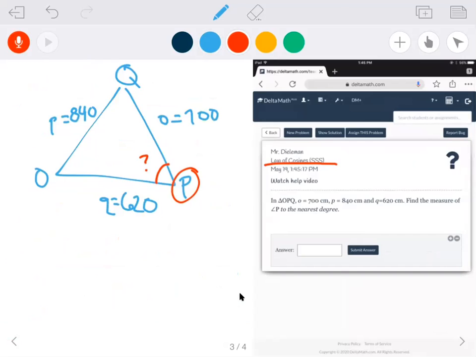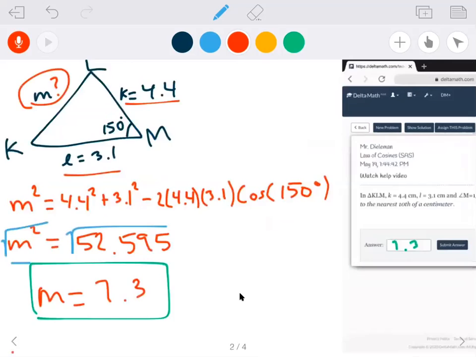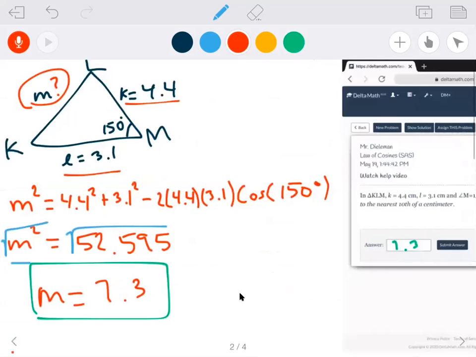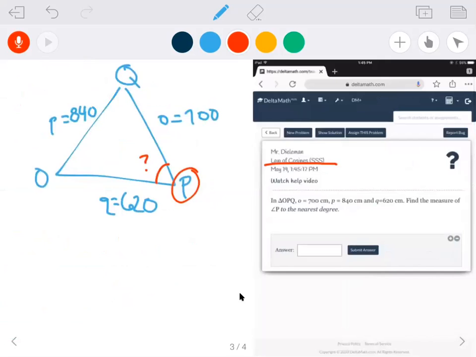But wait a second, Mr. Dielman, you usually start it with the side length squared, right? C squared. But I know all my side lengths, correct. But notice C here and also cosine of C, they match up. And so it's going to say something like times the cosine of, in this case, angle P with a bunch of other stuff. And all that other stuff is determined by what we're trying to figure out.